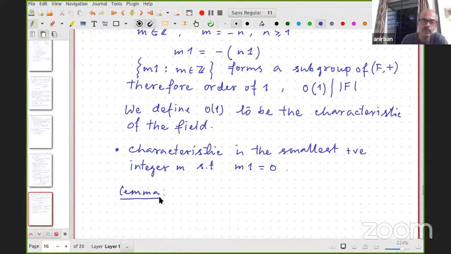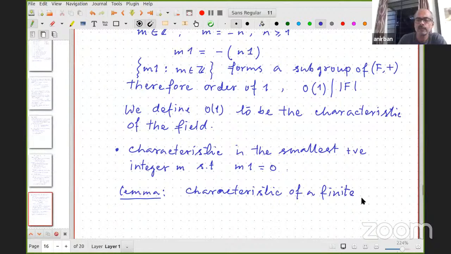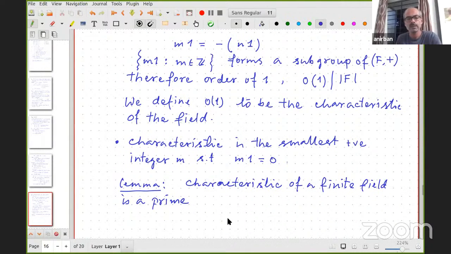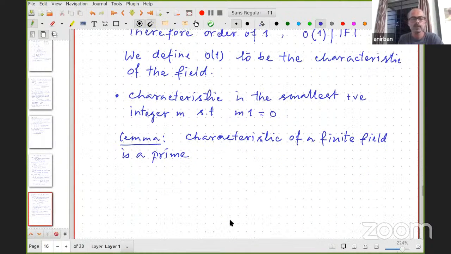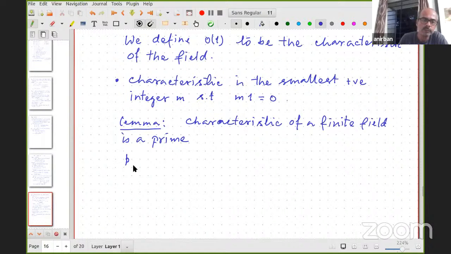Lemma: the characteristic of a finite field is a prime. Let's see why that is. Proof: suppose not.